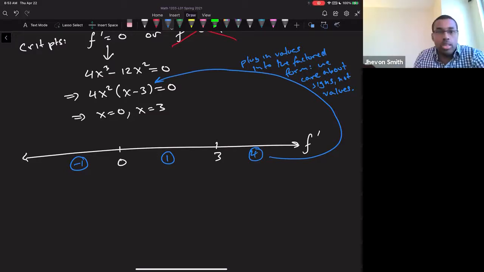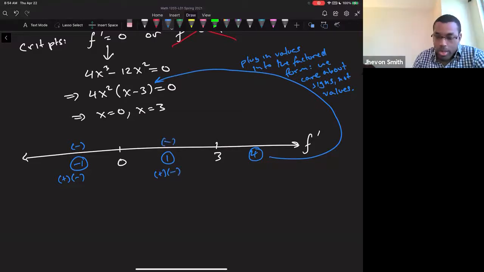So if I plug in minus 1 into the factored form, I know the 4x squared is going to give me a positive. And if I plug in minus 1 into x minus 3, it's going to give me a negative. So I have a positive times a negative, which means I have a negative. Similarly, if I plug in 1 into 4x squared, that's a positive. Plug in 1 into x minus 3, that's a negative. So here it's still negative.